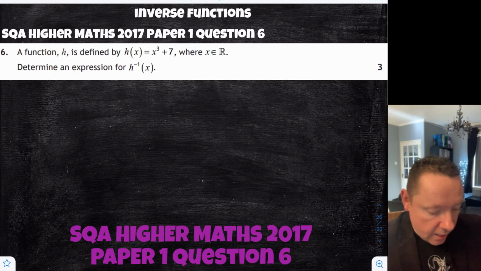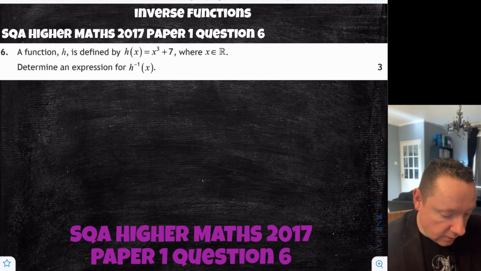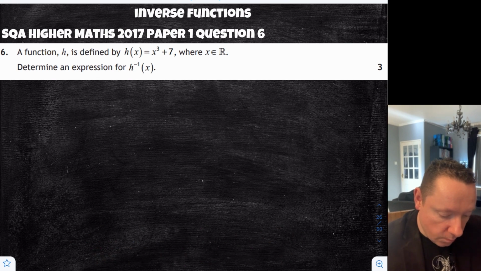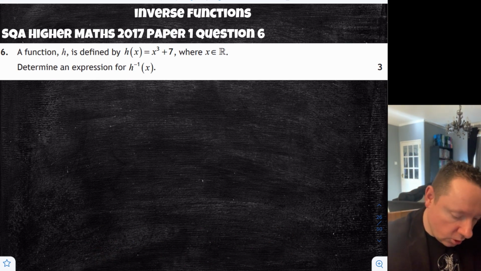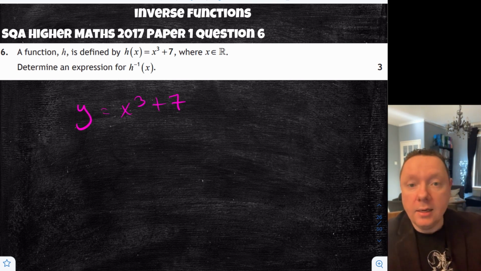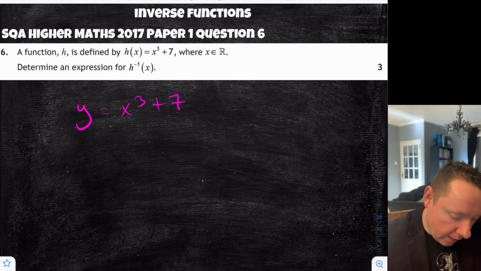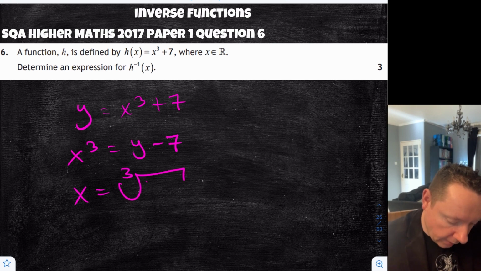Inverse functions, SQA Higher Maths 2017, paper 1, question 6. The function h is defined as x cubed plus 7. Determine the expression for the inverse function of h. So I can just write y equals x cubed plus 7 and make x the subject. So that means that x cubed is y minus 7. So x is the cube root of y minus 7.